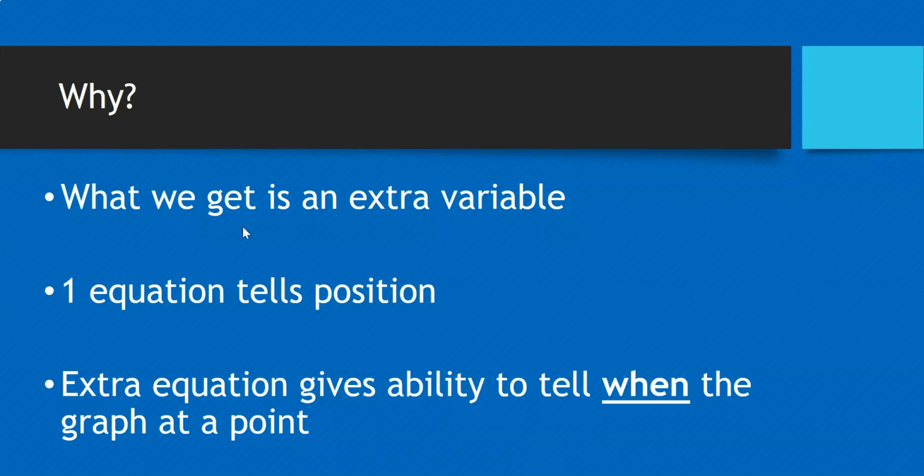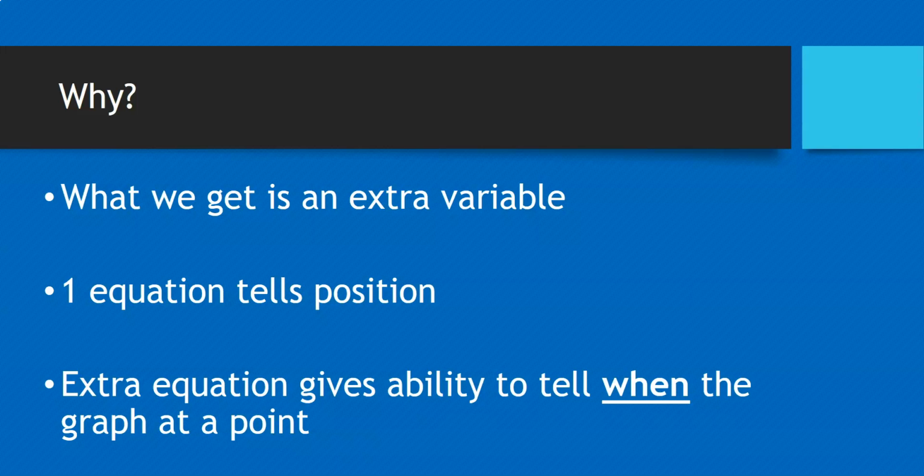Well, what we get out of this extra variable is the ability to talk about when the graph is at some point. If you think about y equals 3x plus 2, that gives you the x position and the y position. Now adding an extra variable, and most of the time that extra variable is going to be the letter t.